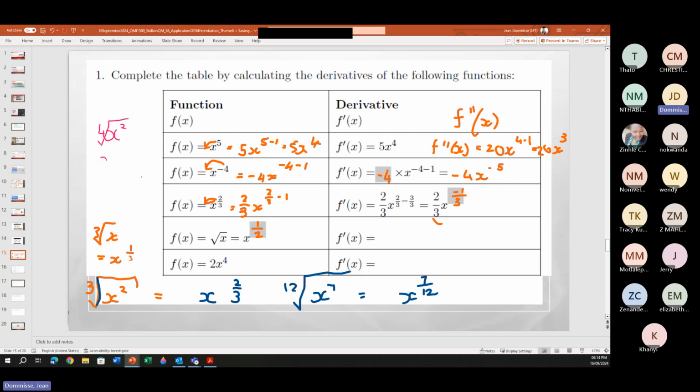We can say, well, that is x to the power of 2/4, which can again be simplified to x to the power of 1/2. So if we have x to the power of a half and we want to differentiate, the half goes in front, a half x, then a half minus 1.